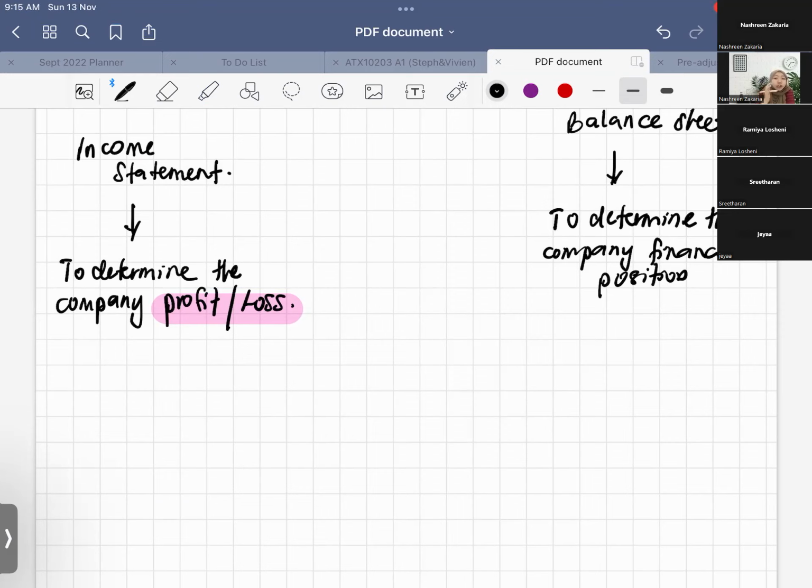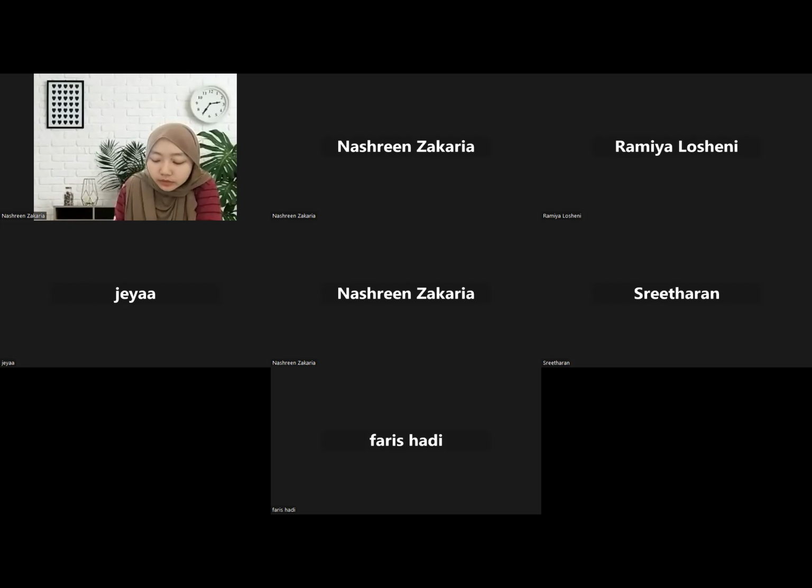So now all of these 5 elements, we need to transfer to the correct financial statement. So you need to know which accounting element goes into the income statement, and which accounting element goes into the balance sheet. In financial statements, not every accounting element is in one financial statement. So you need to know for the income statement, which elements.